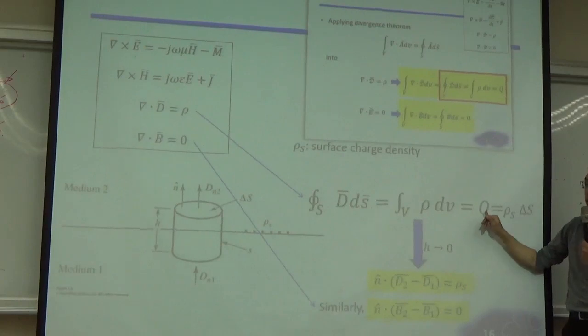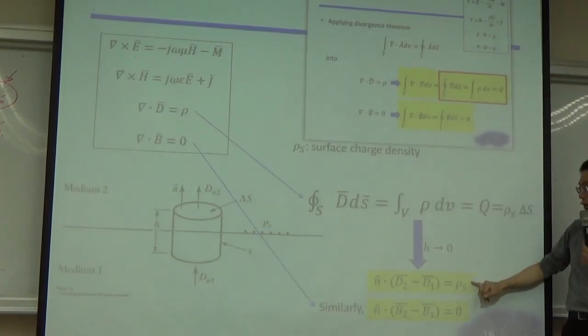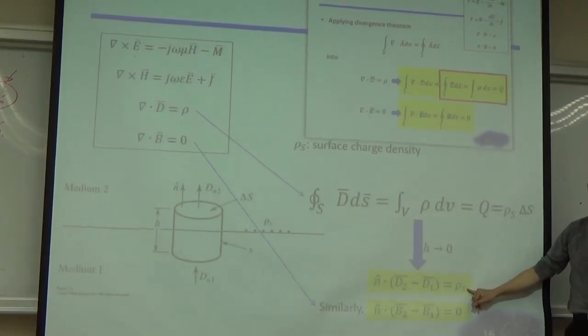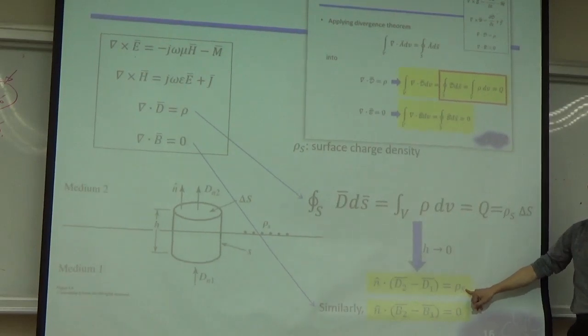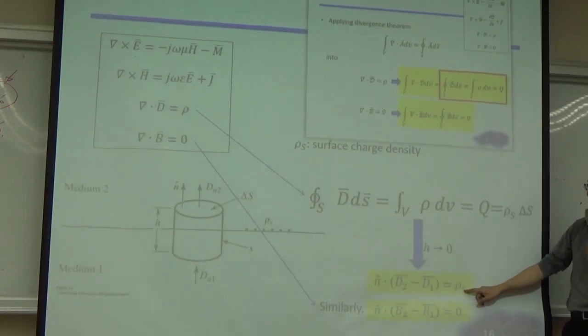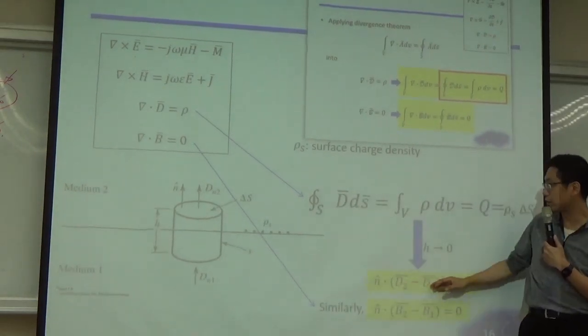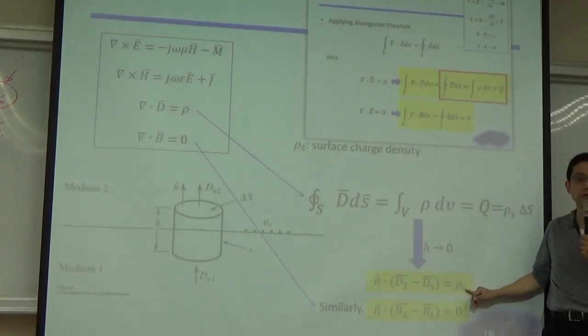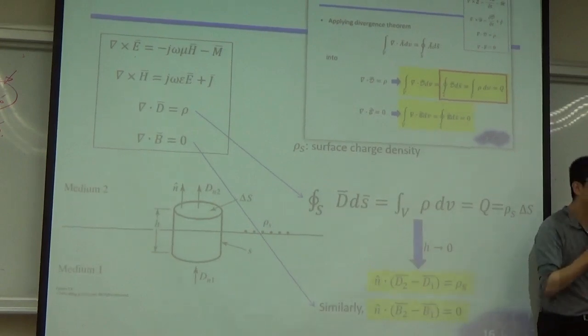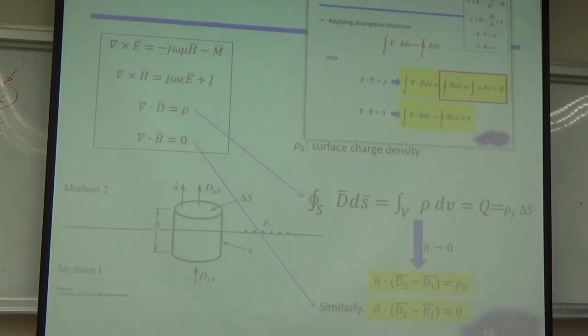Why did we have Q before, but now it becomes rho S here? You have the same thing, you dot everything here, and then you get rho S. Can anyone tell me? Extra point? You want to try it? Why?